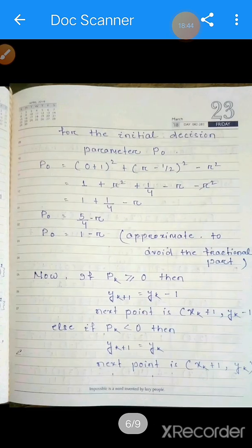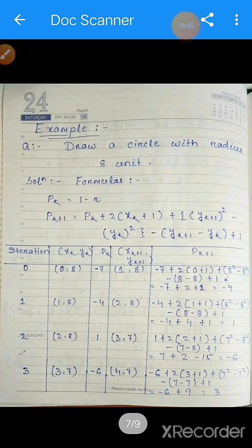Okay, now take an example and solve it. Example: draw a circle with radius 8 unit. For this we can use the formulas pk and pk plus 1.